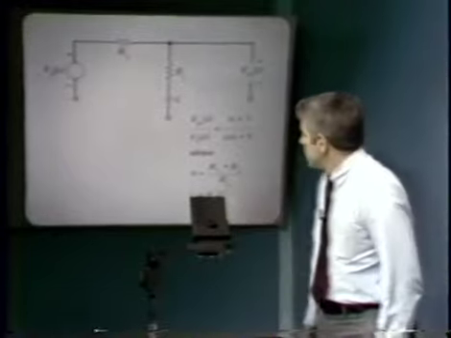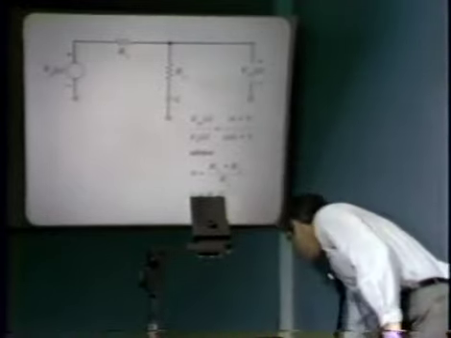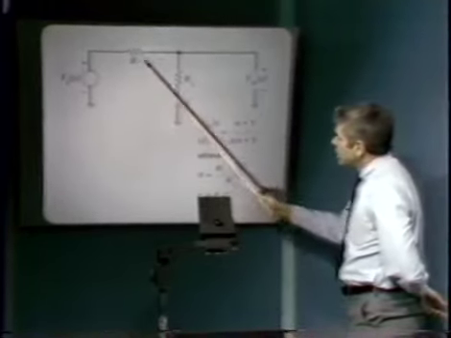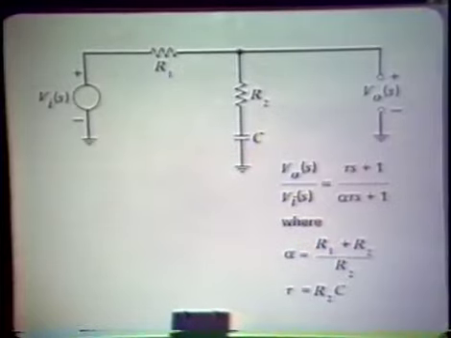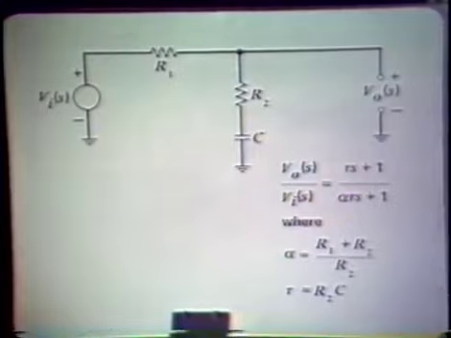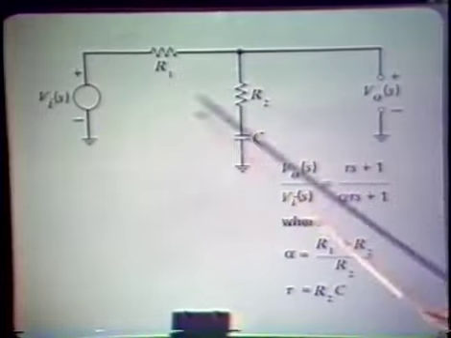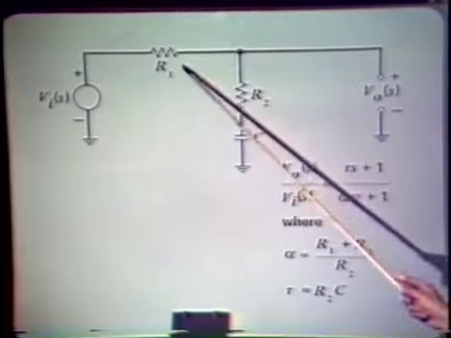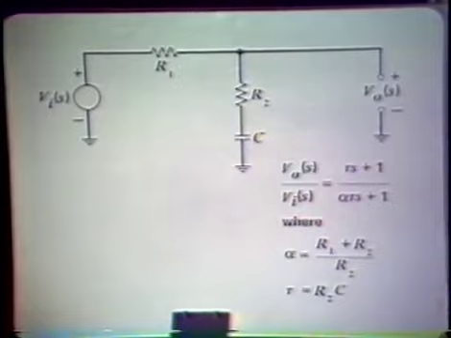Here's the kind of a network that will give us a lag type transfer function. We have, again, 2 resistors, a single capacitor. At sufficiently low frequencies where the capacitor is an open circuit, the output over the input is simply 1, whereas at higher frequencies we get an attenuation R2 over R1 plus R2.